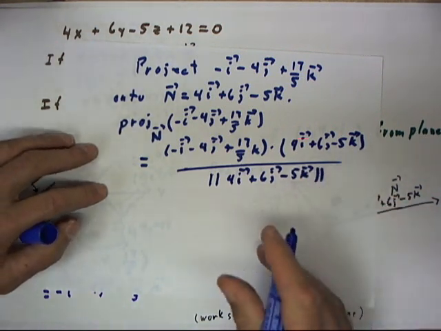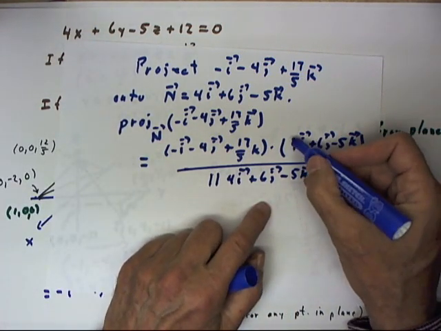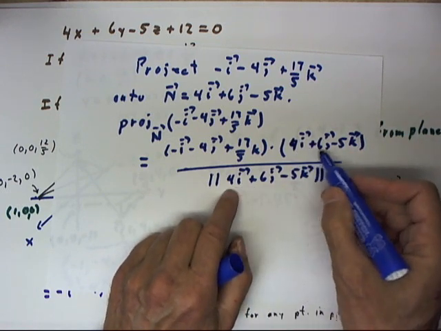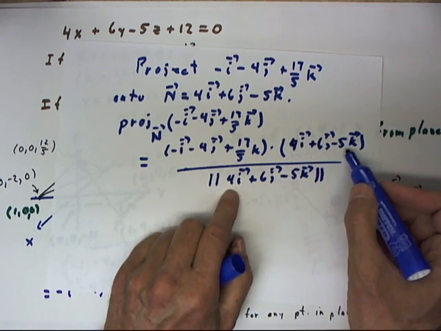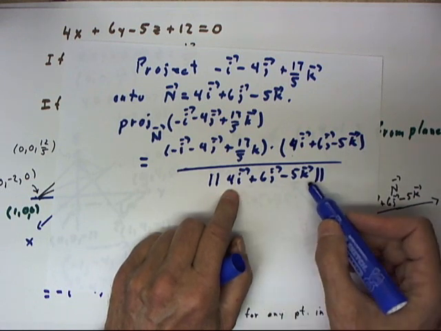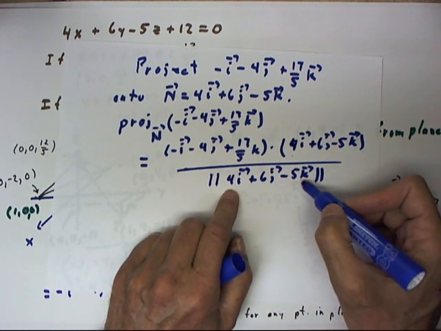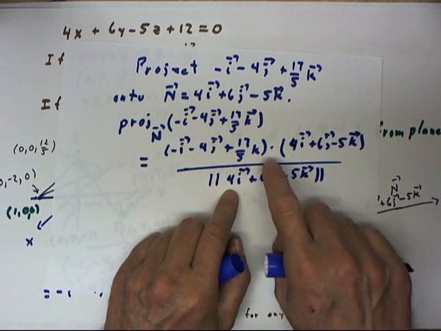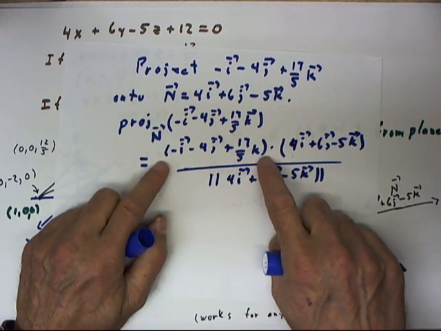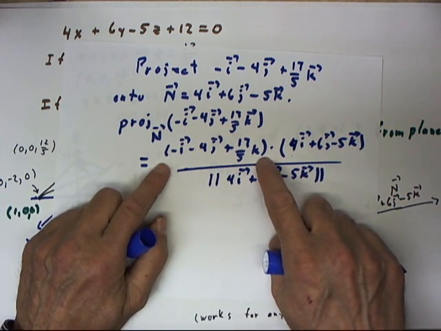Now you should recall from our development of the projection that when we divide this vector by its magnitude, we're essentially getting a unit vector, which we then multiply by this vector times the cosine of theta.